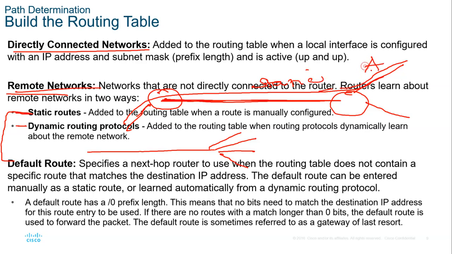Let me call it A, to serve network A, but not network B. So if you want network B also to have a route from router 1 to router 2, you still need another route that will connect to B. So for default static, you need only one route that will connect to all these networks.